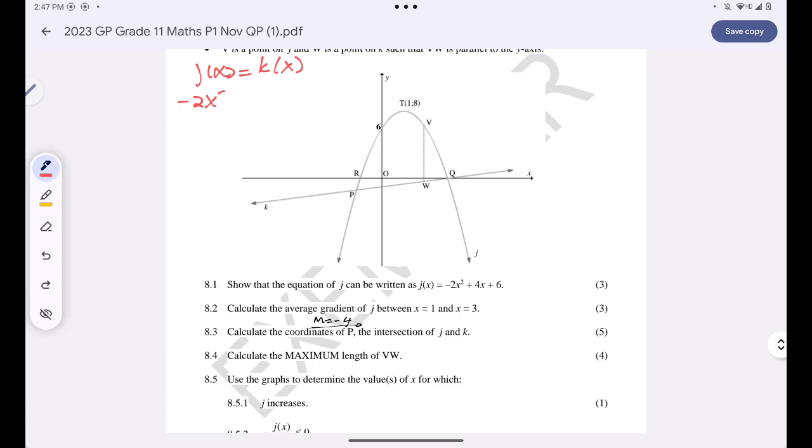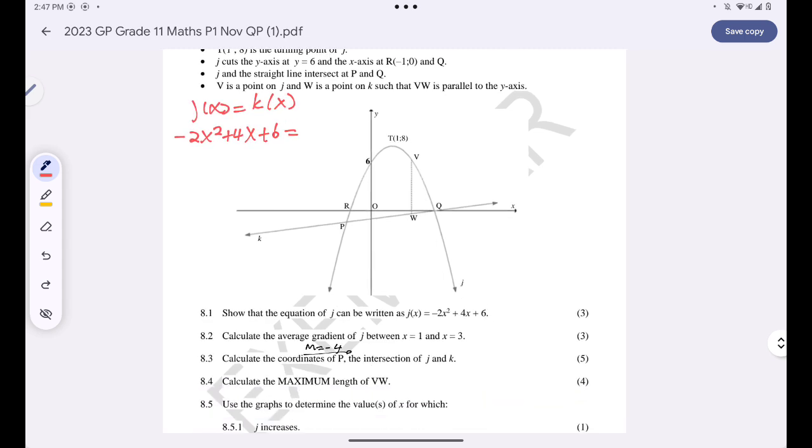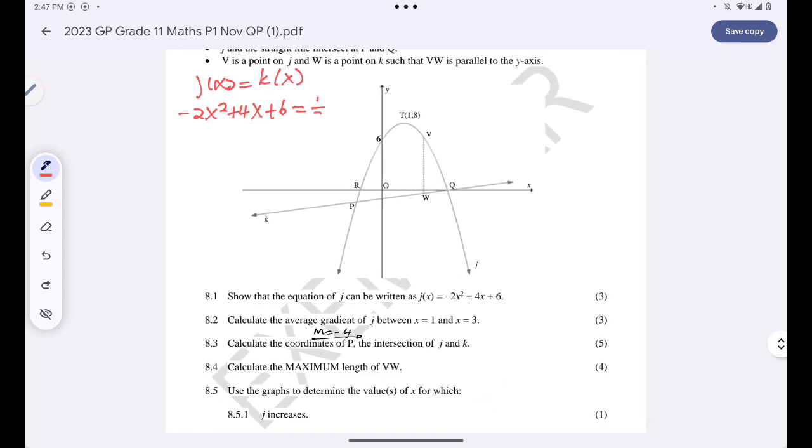J is equal to negative 2x squared plus 4x plus 6, and then K is equal to 1 over 3 x minus 1. I'm solving for x here. The only unknown I have is x. Whenever I solve for x, I don't want to have fractions. That means I must multiply each and every term in this equation by 3.